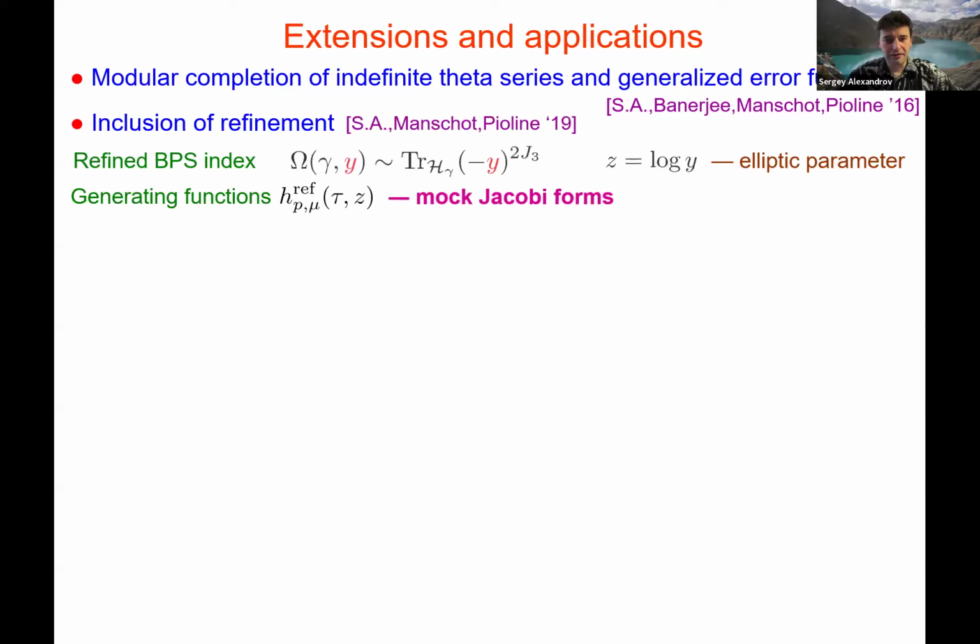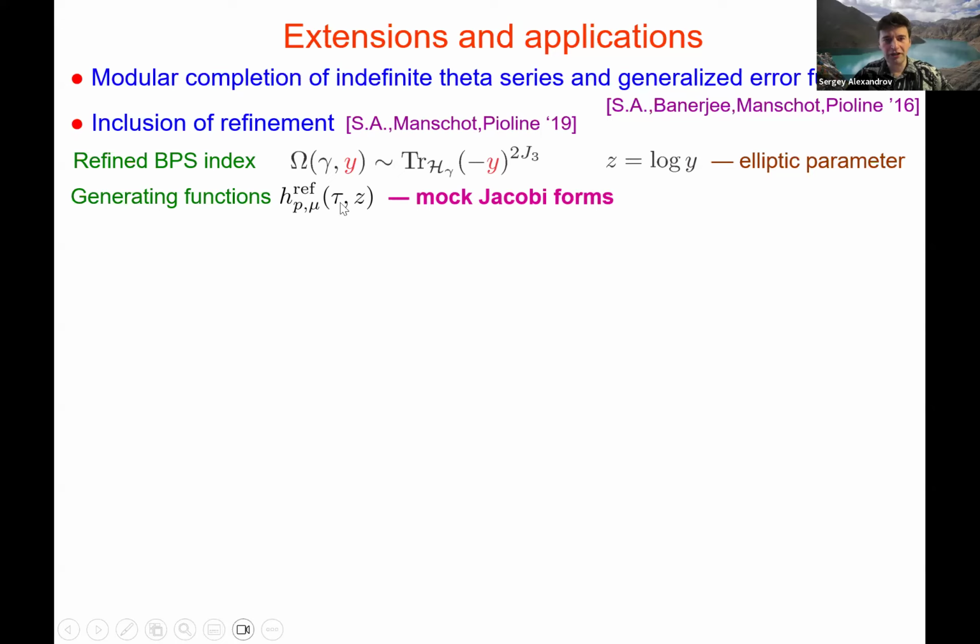Next, one can generalize the previous construction to include the so-called refinement parameter. Actually, for compact Calabi-Yaus, it's not clear whether it's well defined, but at least in the non-compact case, it is possible to do. So one can define the so-called refined BPS index just by replacing -1 by -y, where y is the refinement parameter. And then everything starts depending on this parameter.